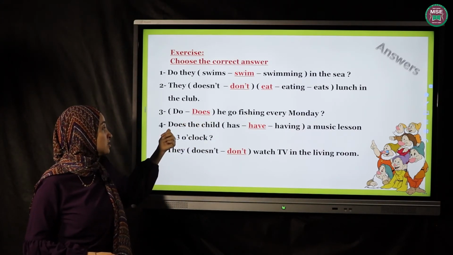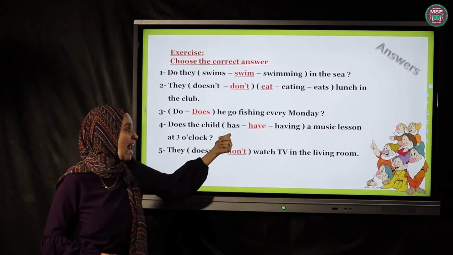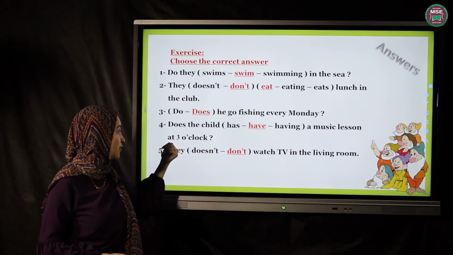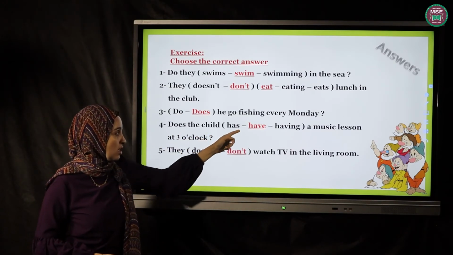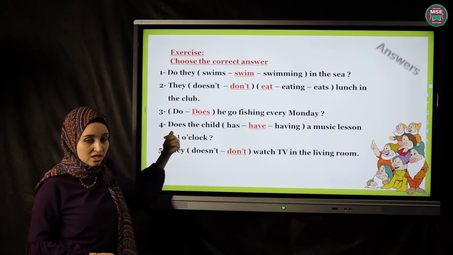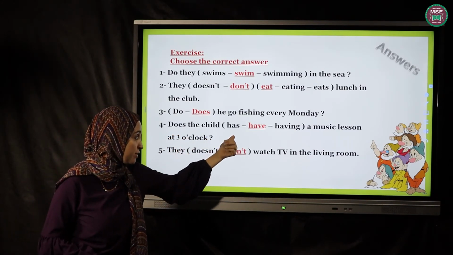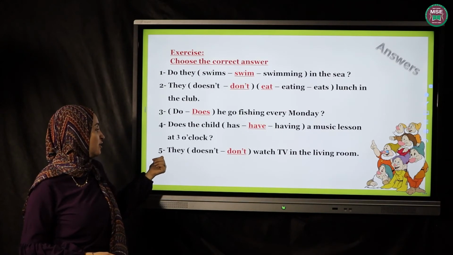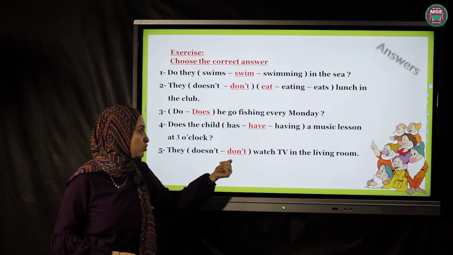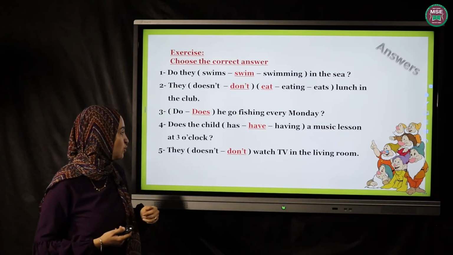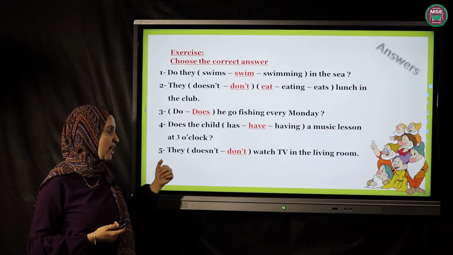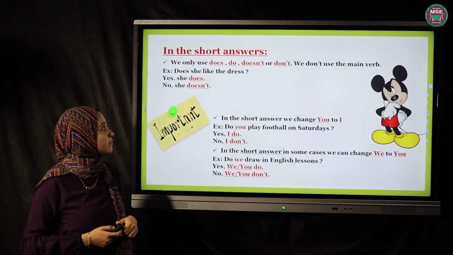Number 4, does the child have a music lesson at 3 o'clock? I put have because I have does, so I have to put the verb in the infinitive form. Number 5, they don't watch TV in the living room. I use don't because I have they.